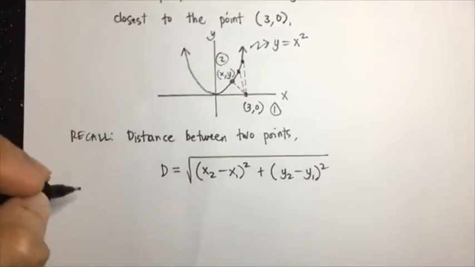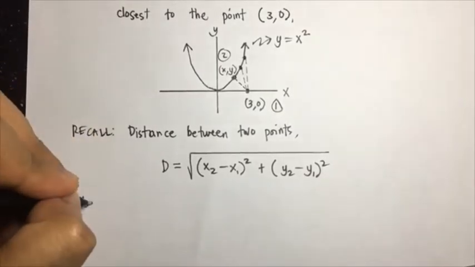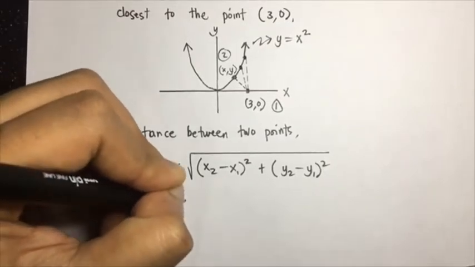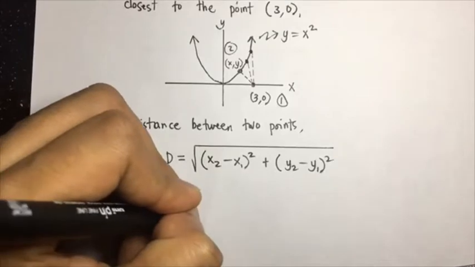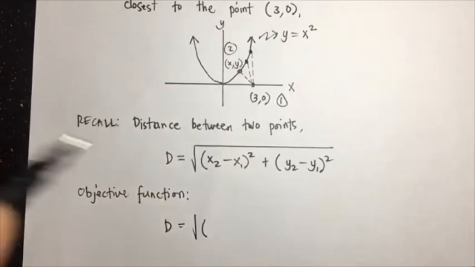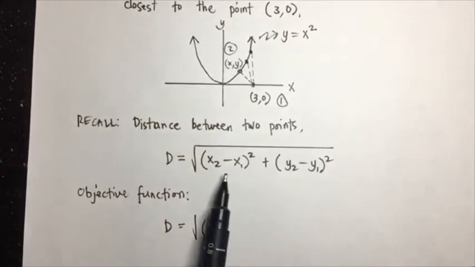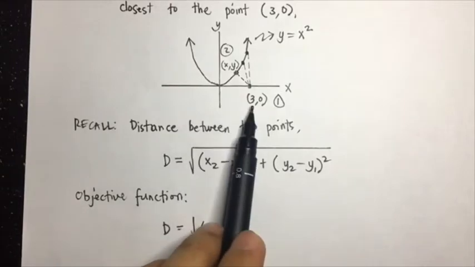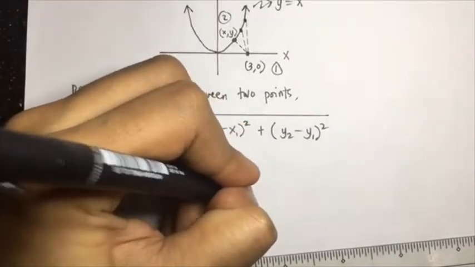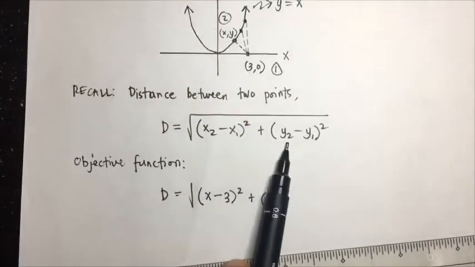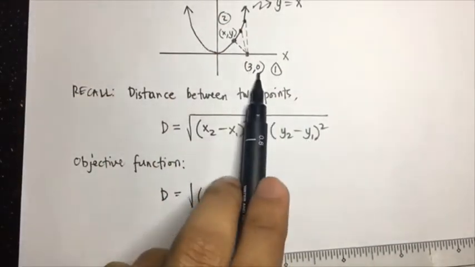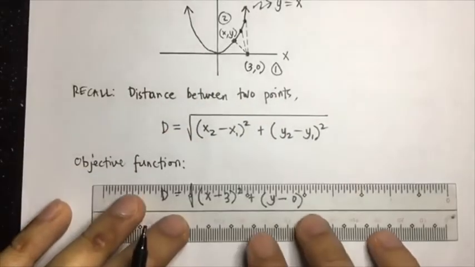Therefore the objective function that we are trying to minimize is d is equal to the square root of (x2, the x coordinate of the second point, which is x, minus x1, the x coordinate of the first point, so x minus 3) squared, plus (y2, the y coordinate of the second point, minus the y coordinate of the first point, 0) squared.